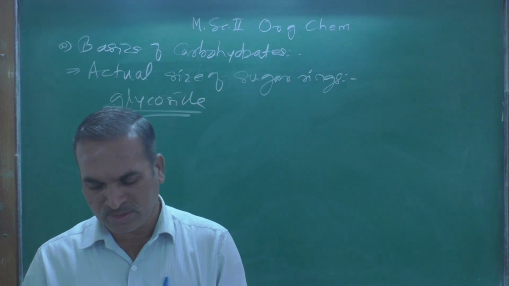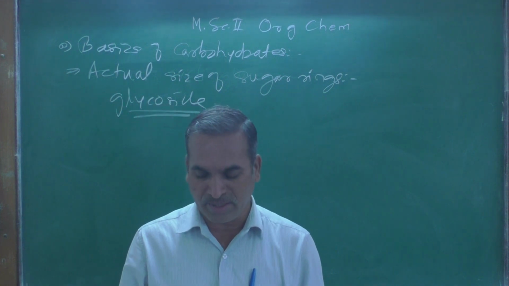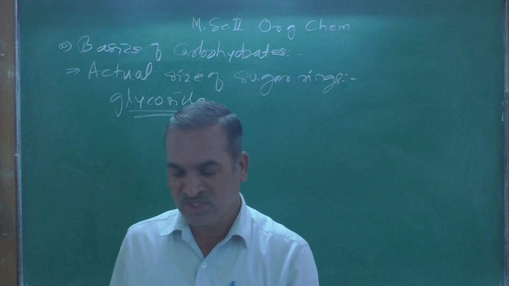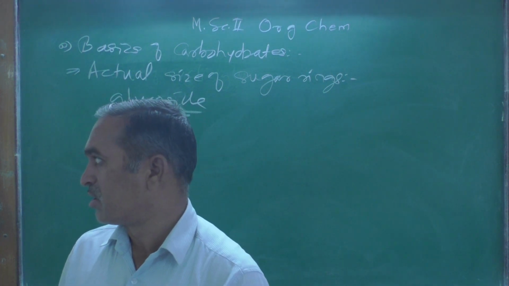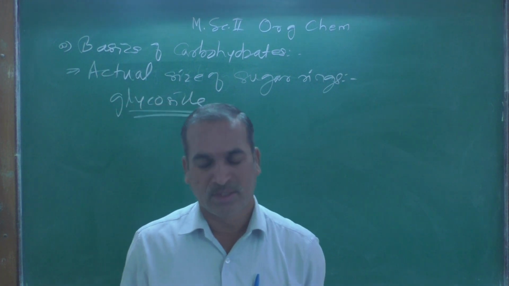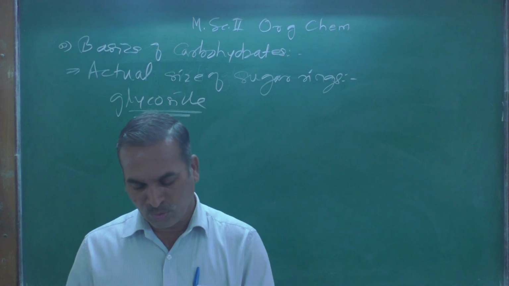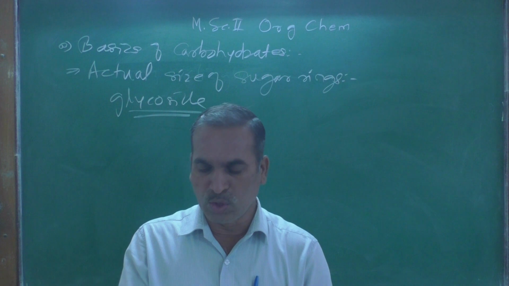The important question then is, what is the size of the ring in the original sugar? That is the question that arises here. What is the actual size of the ring in the original sugar?